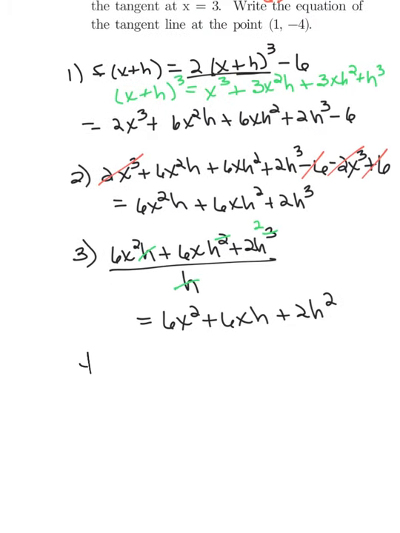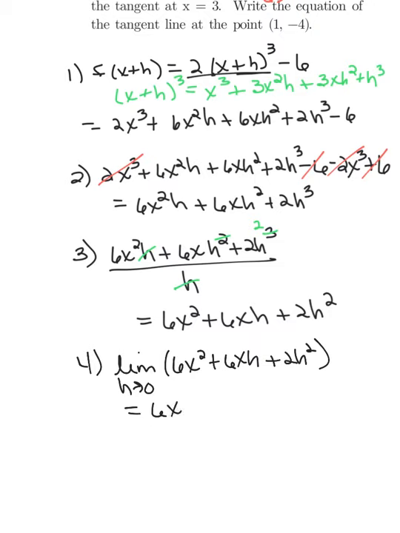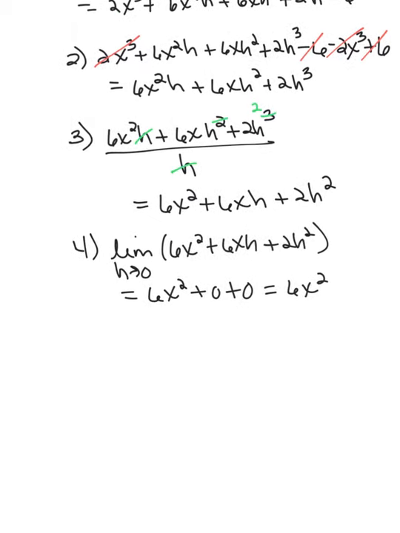Step 4 says take the limit as h approaches 0 of the answer that you just got, 6x squared plus 6xh plus 2h squared. If I put 0 in for my h's, I will have 6x squared plus 0, which is just 6x squared. Once you are done with step 4, you have your derivative.